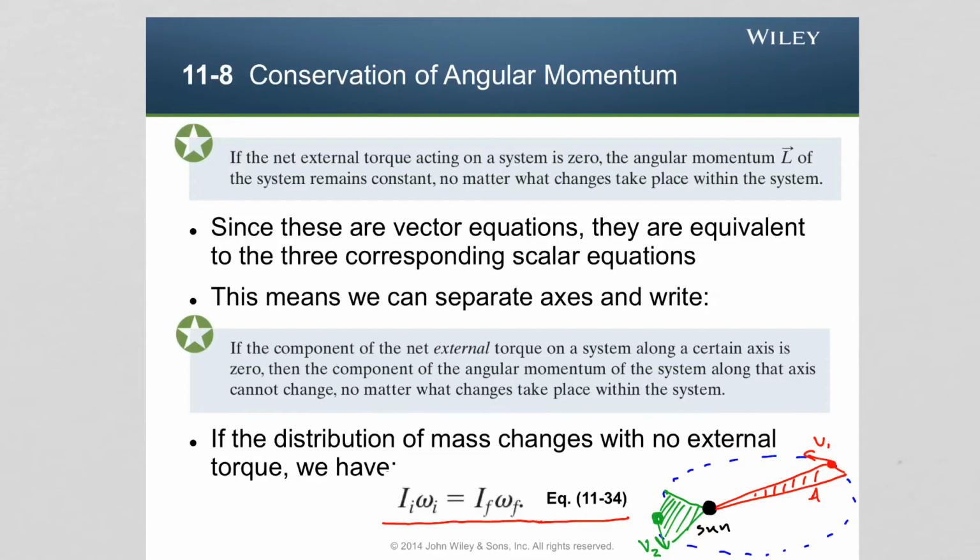And the gravitational force does no work because it's always perpendicular to the trajectory of motion at any moment of time. So there is no net torque that acts on this planet, which means that the angular momentum must be conserved at all times as the planet orbits around the sun.